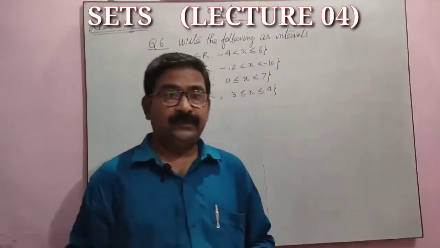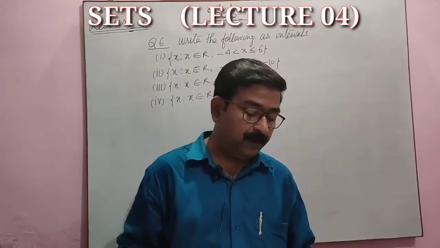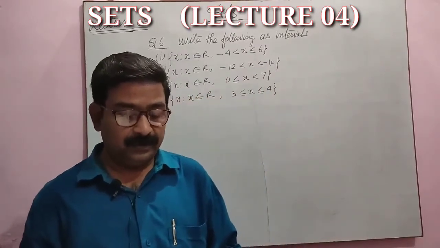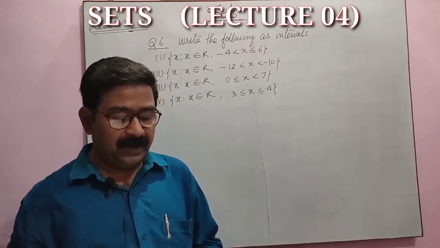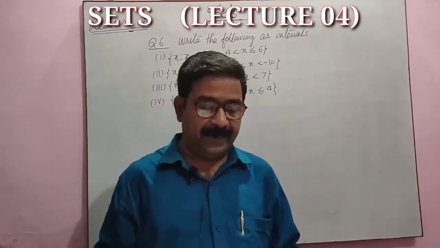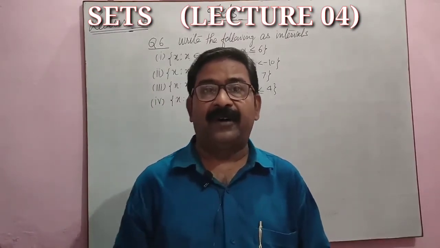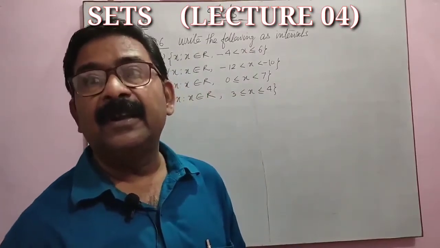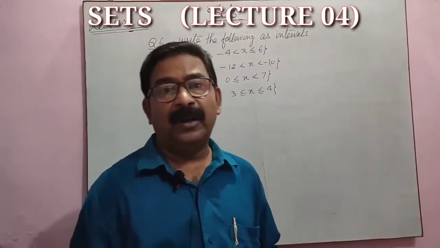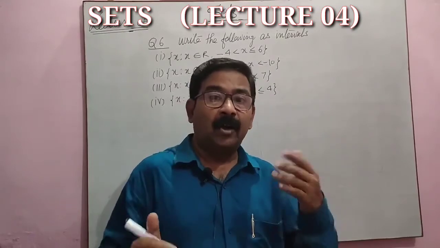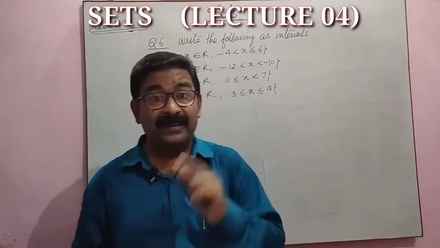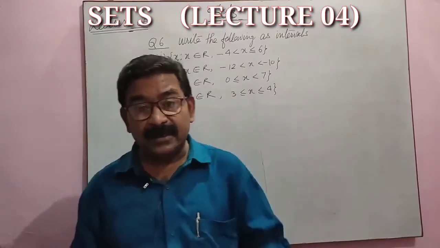Alright. Now question number 5, an oral question. How many elements does P(A), the power set of A, have if A is phi? A is phi means the null set. If you have the null set, then how many subsets will there be? The null set and its subset.